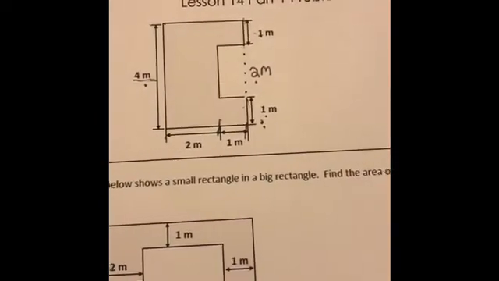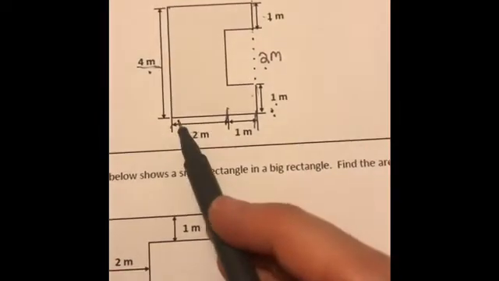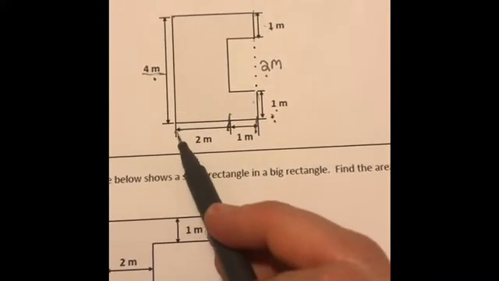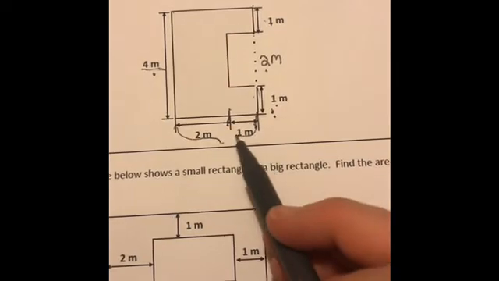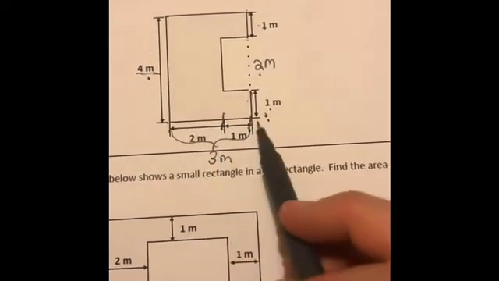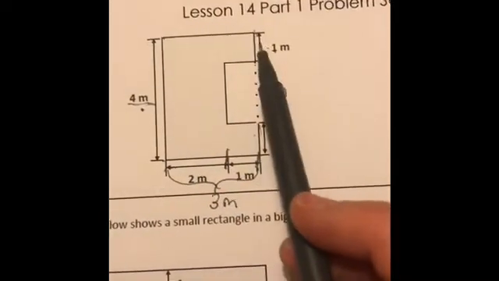Now they're both 4 meters. If this is 2 meters and this is 1 meter, how many meters is the whole thing? That's right, 3 meters. So if this is 3 meters, then what does this equal?